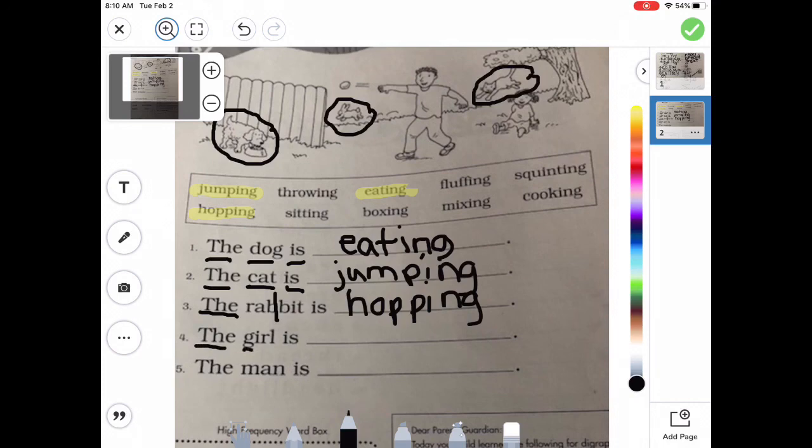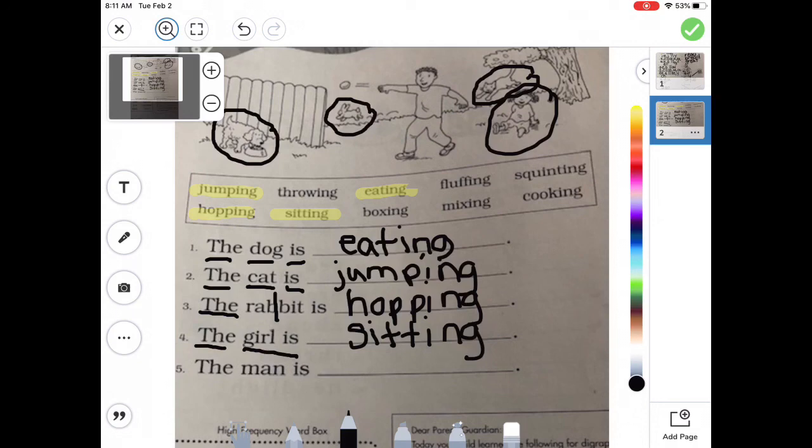The girl. The girl is, what is she doing? She's just sitting on the ground. Do you see the word sitting? Yeah, there it is. The girl is sitting. Very good. And then the man.